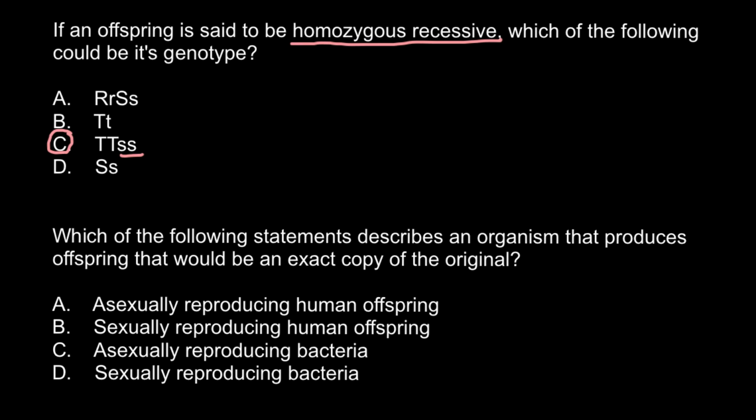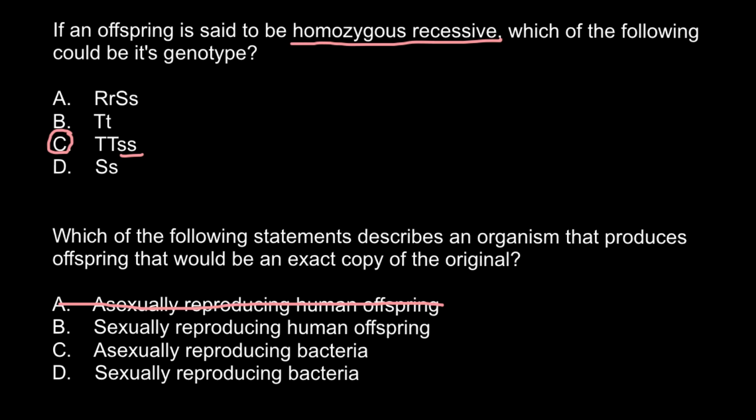And next question: which of the following statements describes an organism that produces offspring that would be an exact copy of the original? Answer A, asexually reproducing human offspring. This is not possible. We can only reproduce sexually. Answer B, sexually reproducing human offspring.